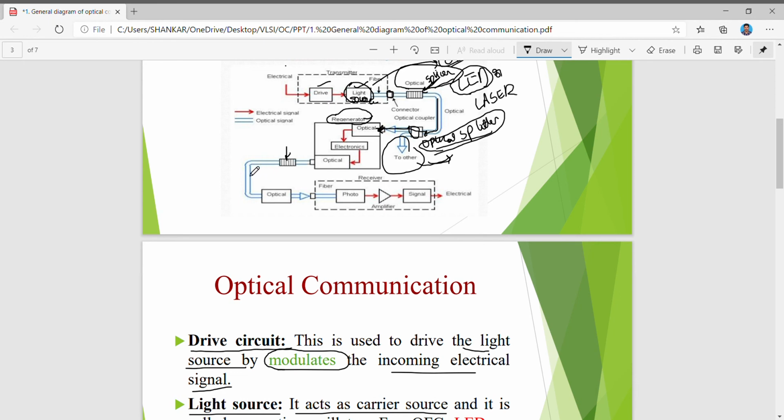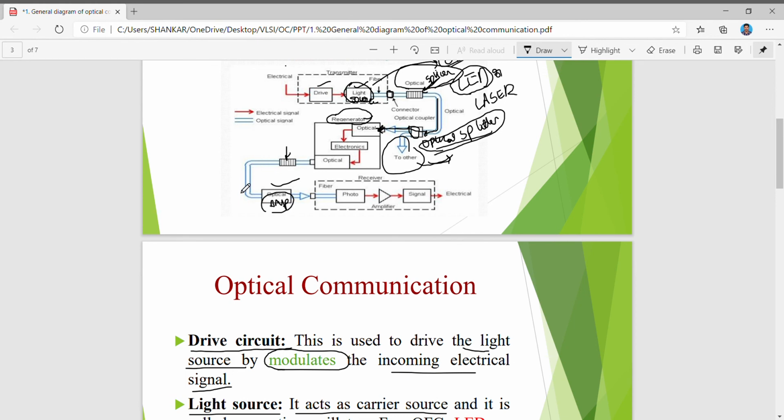Now this optical signal is applied to the optical amplifier. This block is the optical amplifier. This amplified signal is applied to the receiver section. What is the purpose of the optical amplifier here?